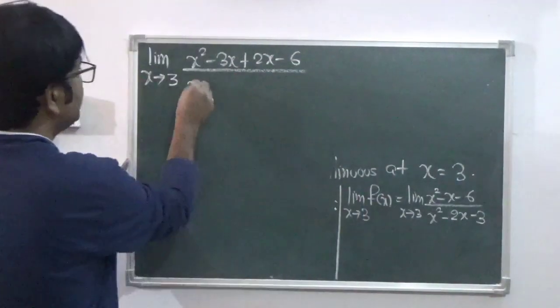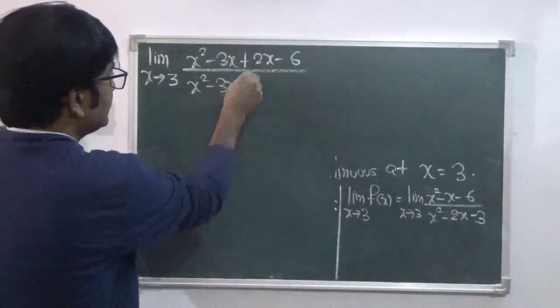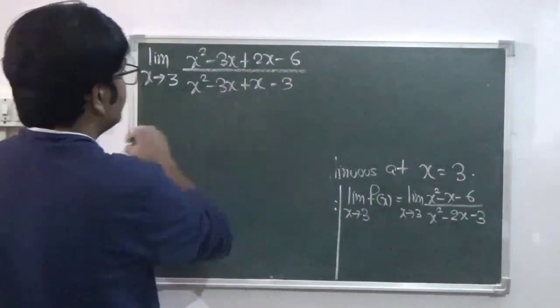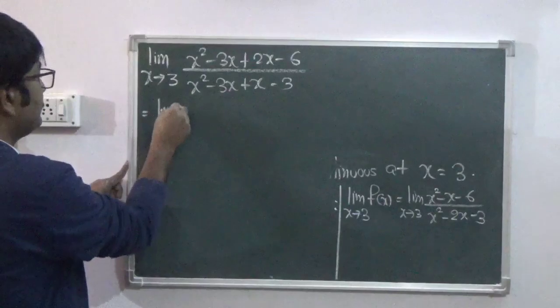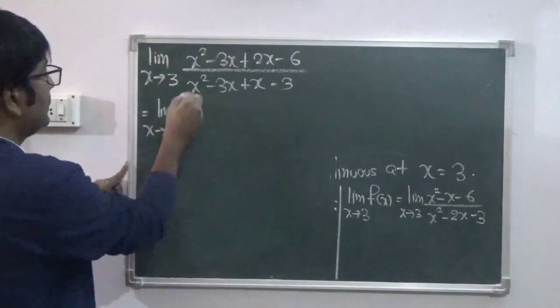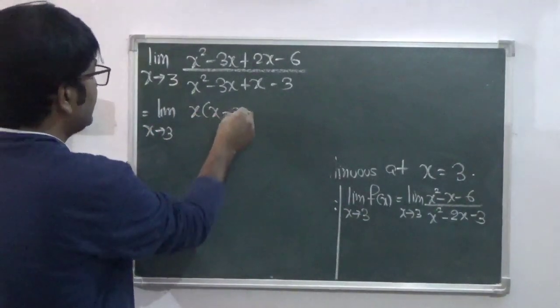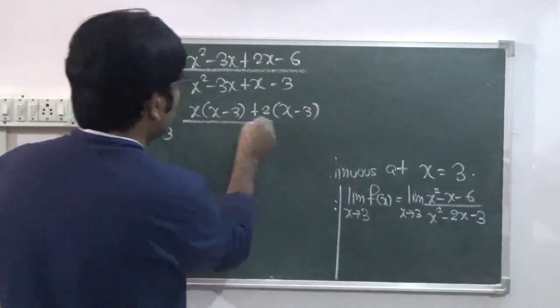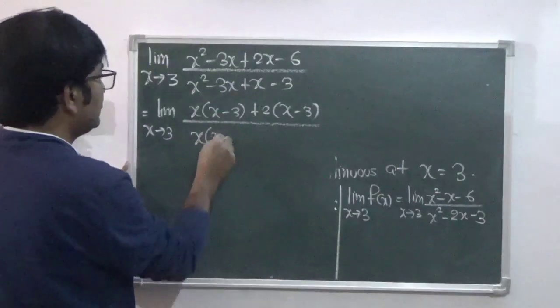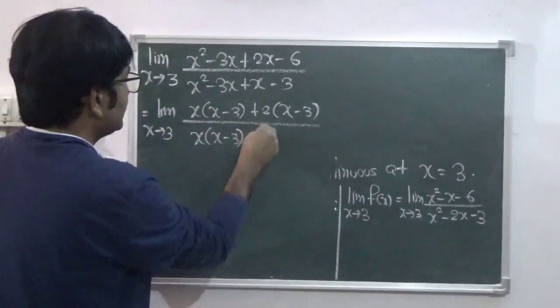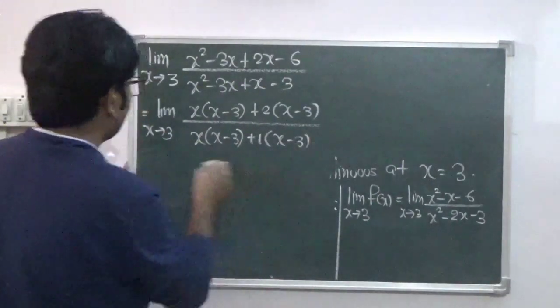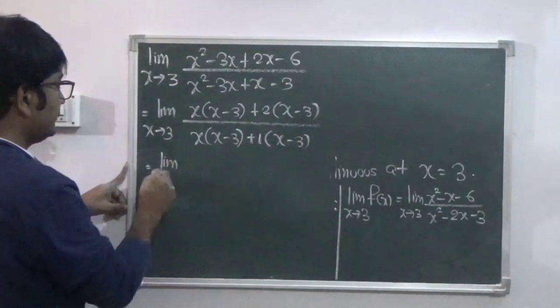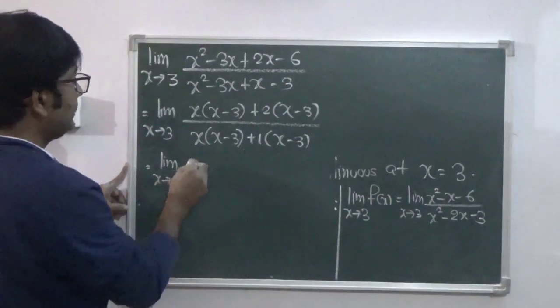The denominator is x square minus 3x plus x minus 3. So it will come to limit x tends to 3. If you take x common, this is x (x minus 3) plus 2 (x minus 3). Here you take x common, then I have x (x minus 3) plus 1 into (x minus 3). So we have limit of x tends to 3.